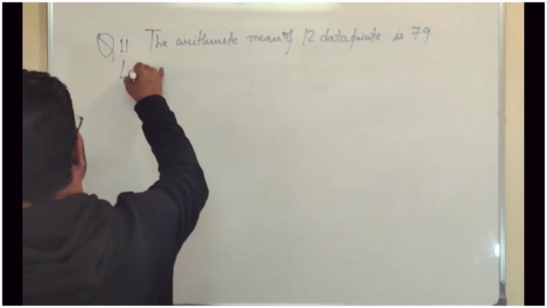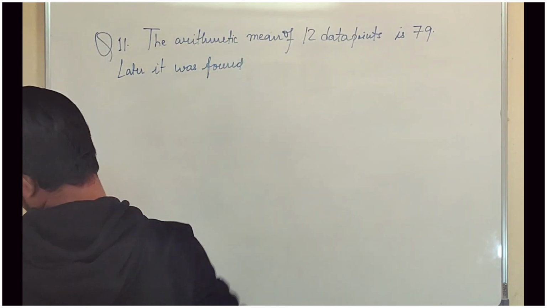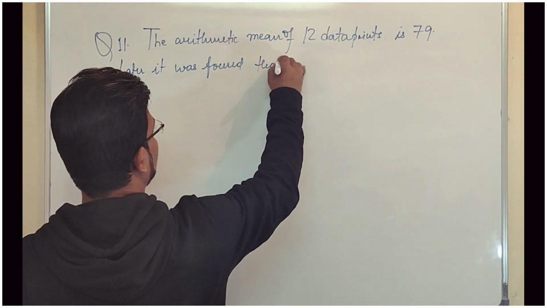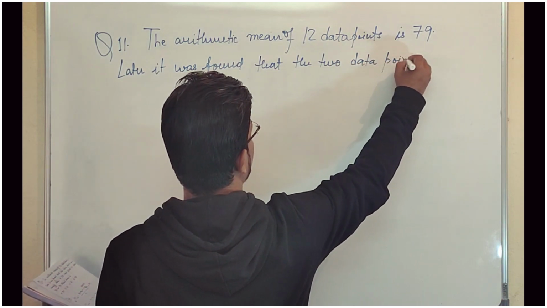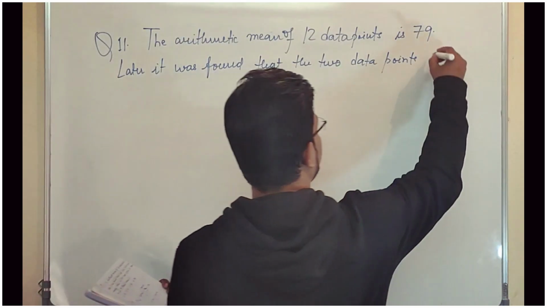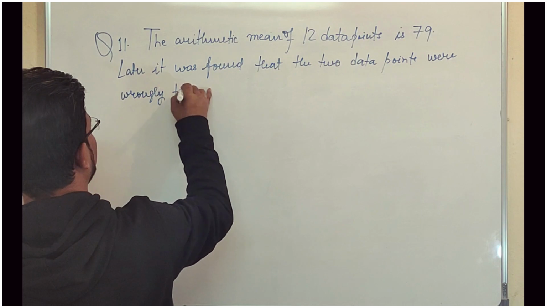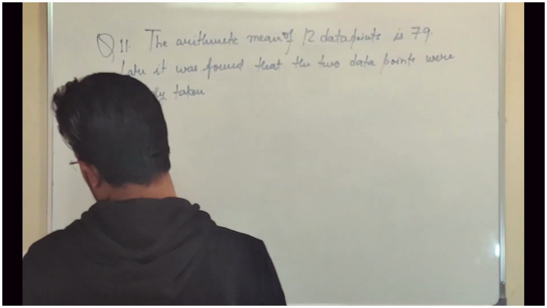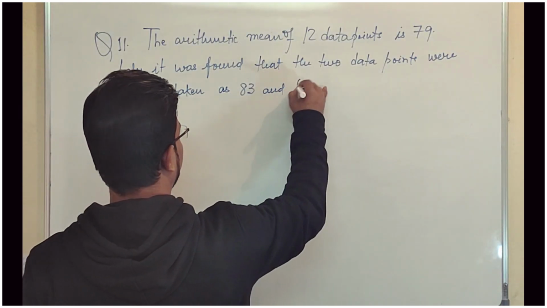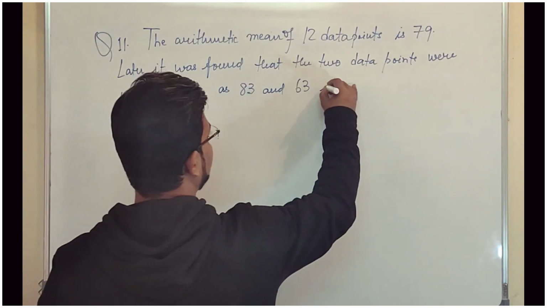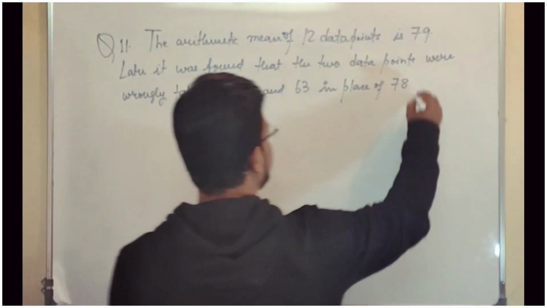Then later it was found that two data points were wrongly taken as 83 and 63 in place of 78 and 97.